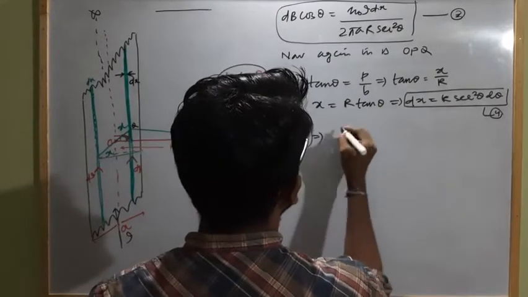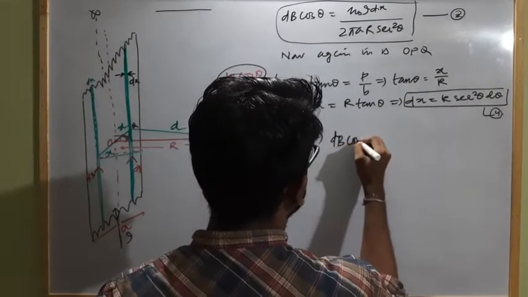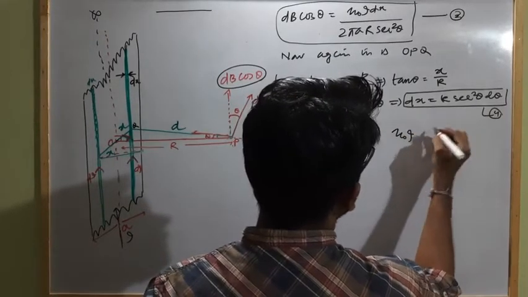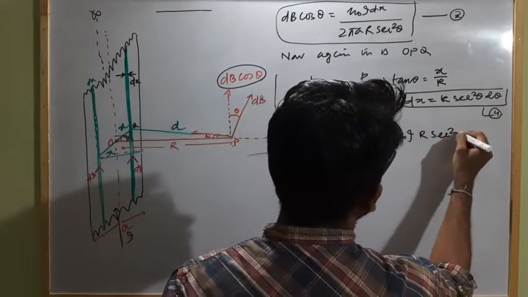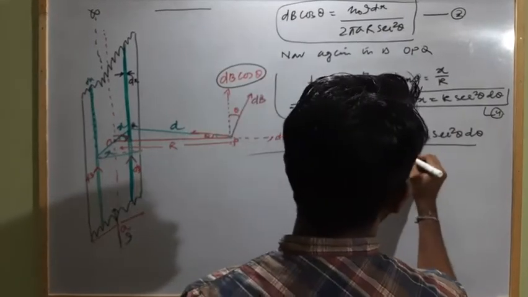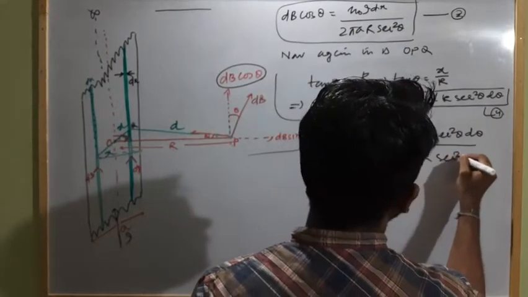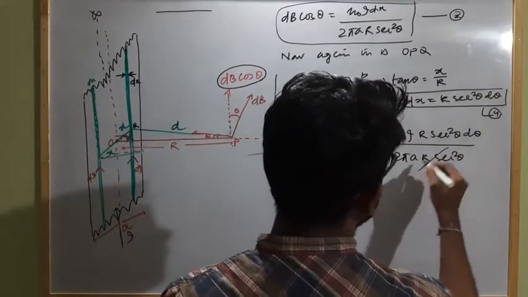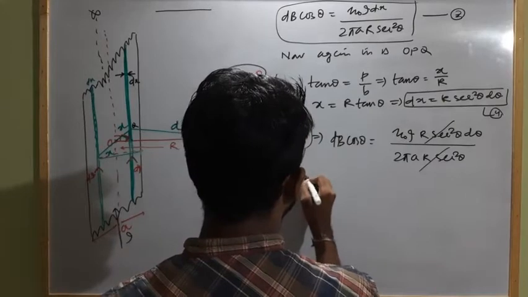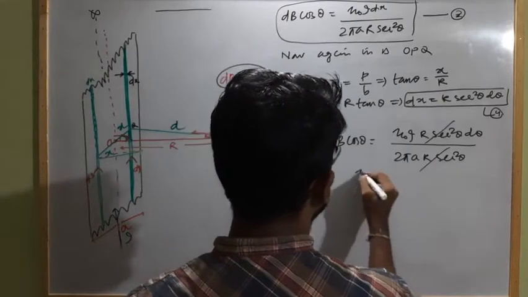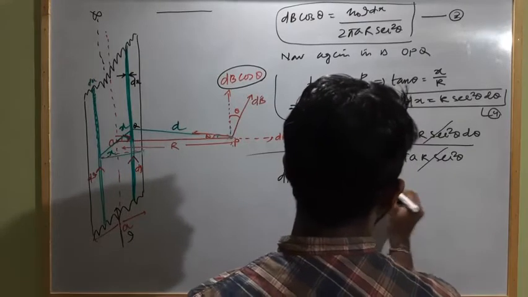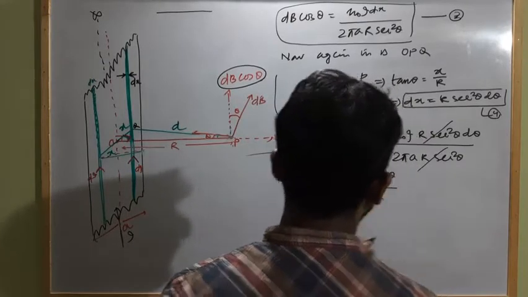So this implies dB cos theta will become how much? Mu naught I, in place of dx, r sec square theta d theta divided by 2 pi a r sec square theta. So r sec square theta will get cancelled. So dB net or dB cos theta equal to mu naught I d theta divided by 2 pi a.